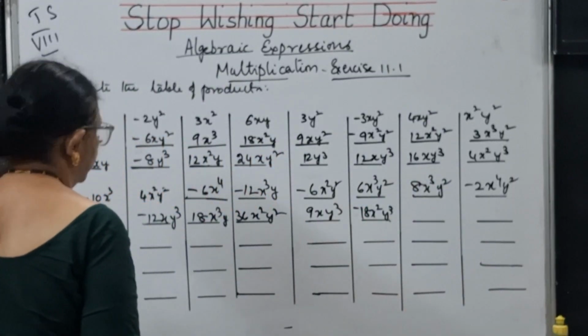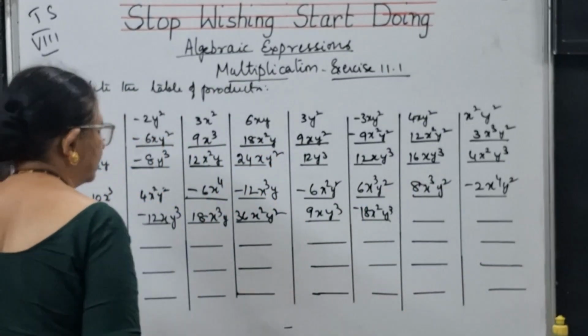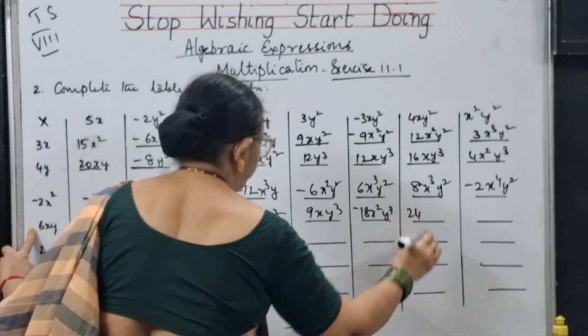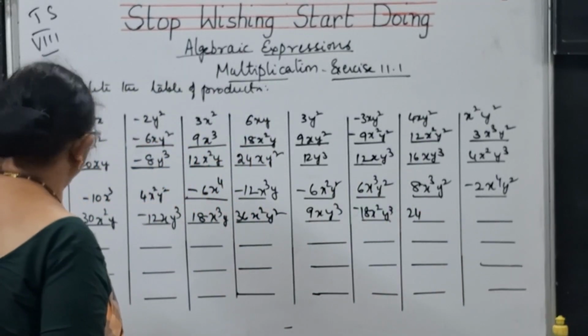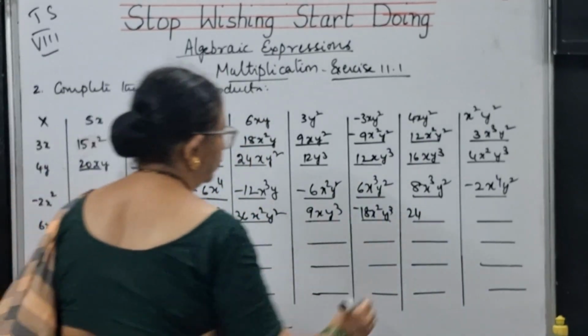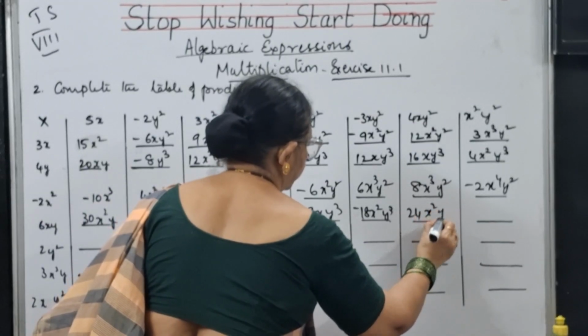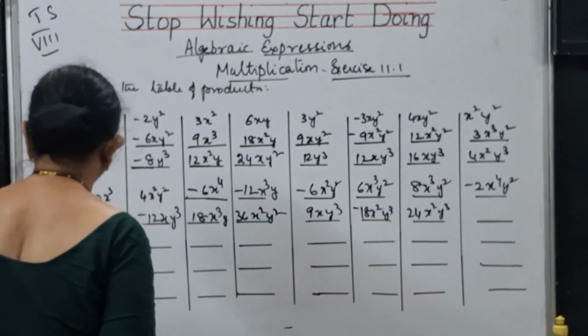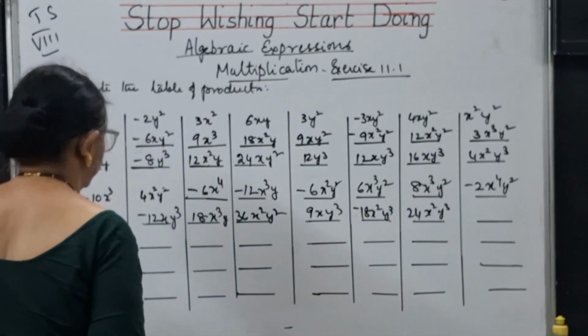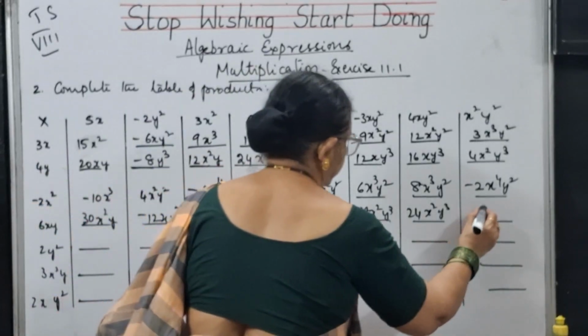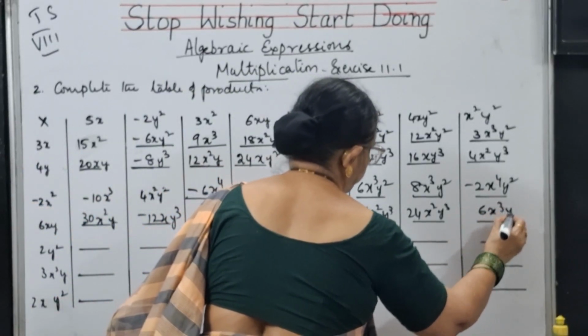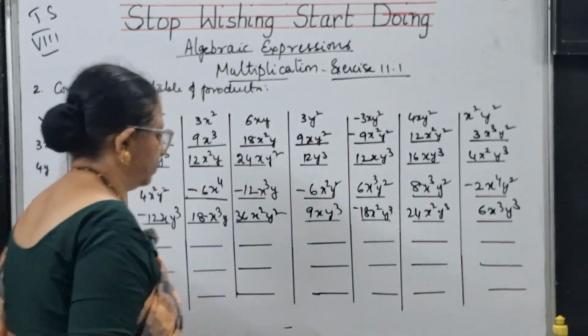Next, plus into plus plus, 6 4s are 24 x square y cube. Next, 6 x cube y cube.